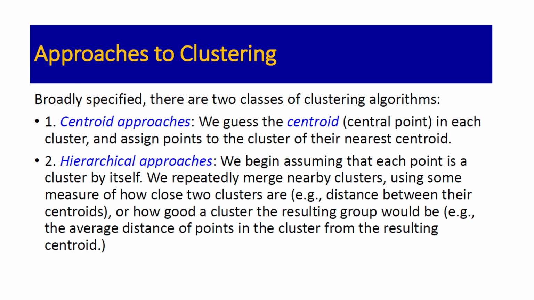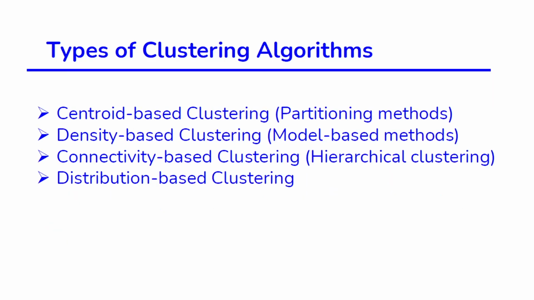Obviously, you have to use a certain matrix or measure, and that can be the distance between the centroids, or you can also use how good the resulting cluster would be, like the average distance of points in the cluster from the resulting centroid. There are many matrices that can always be devised, that is not a big problem.